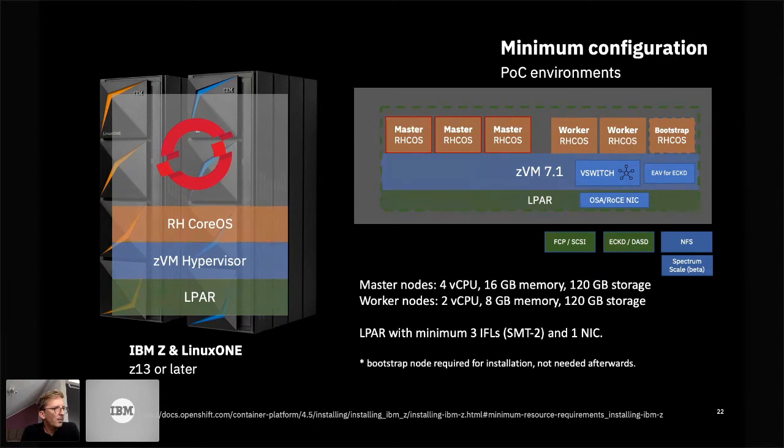Getting to the point of the z/VM hypervisor, I depicted it in this way: in z/VM you can have a vSwitch, and from the z/VM capabilities, it's also required that you use EAV for ECKD storage. EAV is extended address volume.